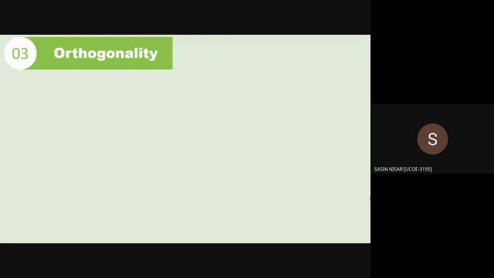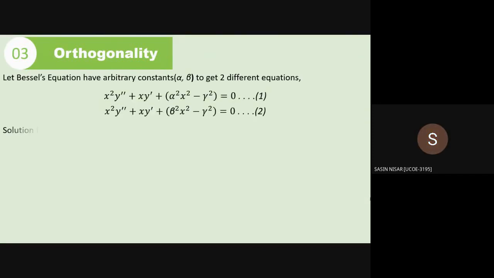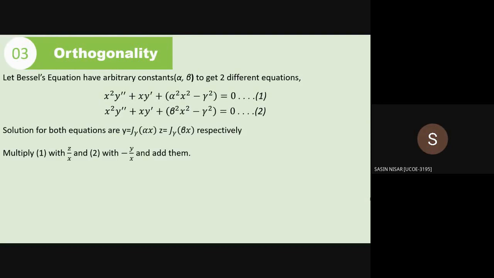Hey, I am Sachin Nisar and my roll number is 68. I will be doing orthogonality of Bessel's function. Let there be constants alpha and beta in the Bessel's equation to get two different equations. That is x square y double dash plus x y dash plus (alpha square x square minus gamma square) y equal to 0.